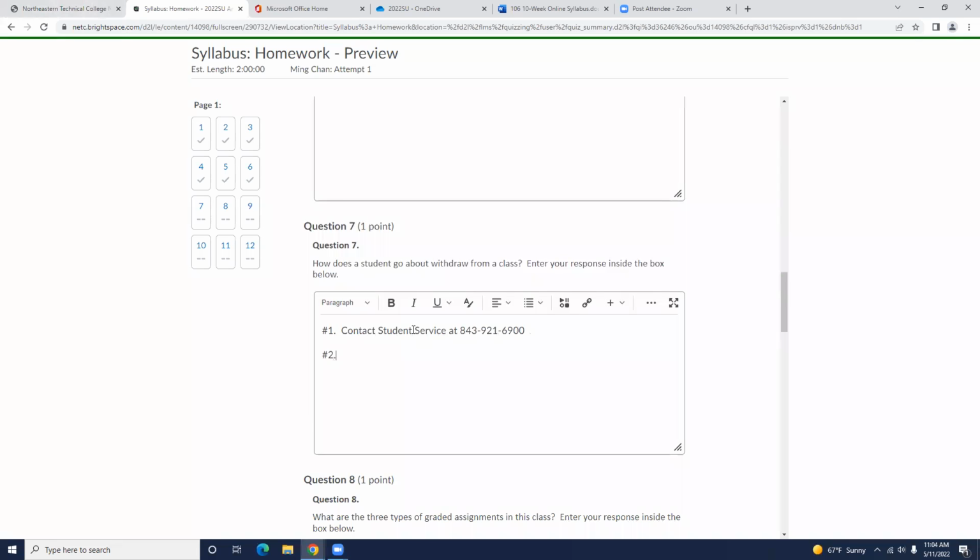You may also contact the enrollment center at the same number, and ask the operator to transfer you to the enrollment center. Or you can contact your instructor. You can contact me using D2L instant message.